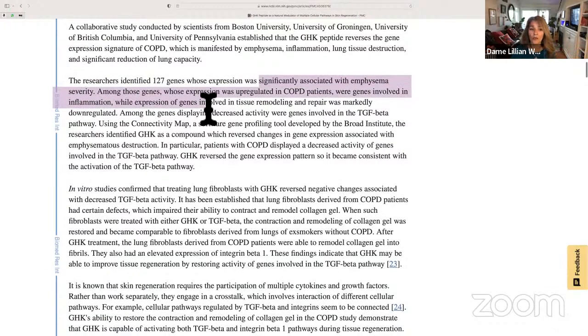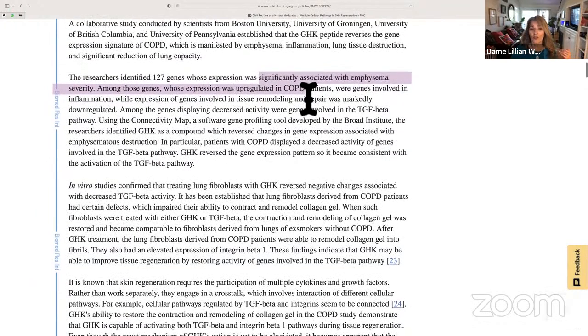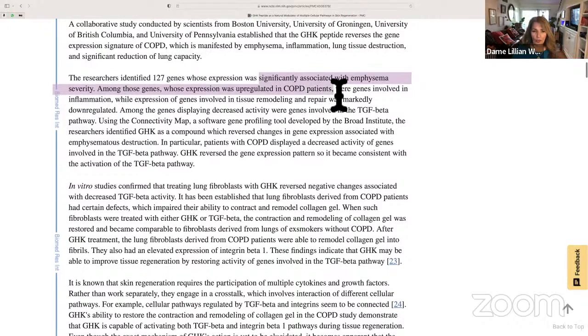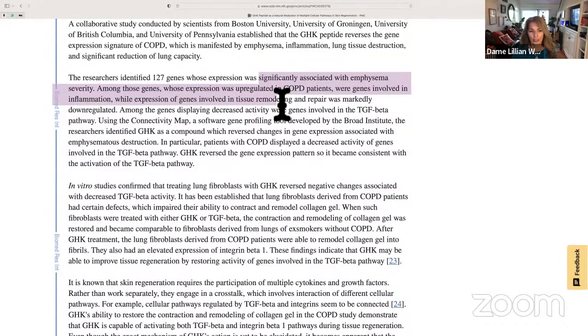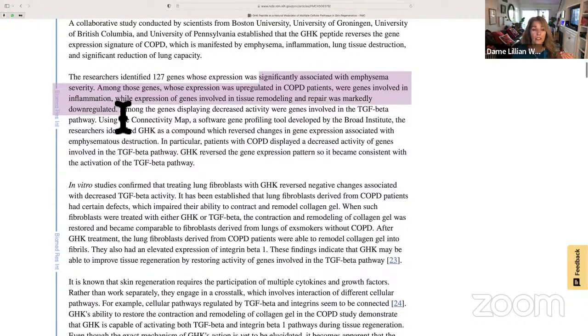And it talks about how among those genes, the expression that was upregulated in COPD patients were genes involved in inflammation, while expression of genes involved in tissue remodeling and repair was markedly downregulated.